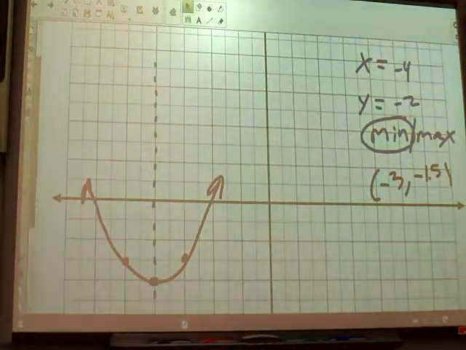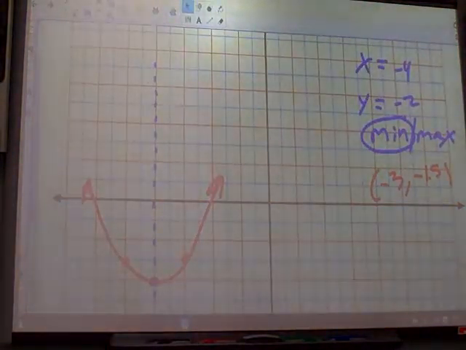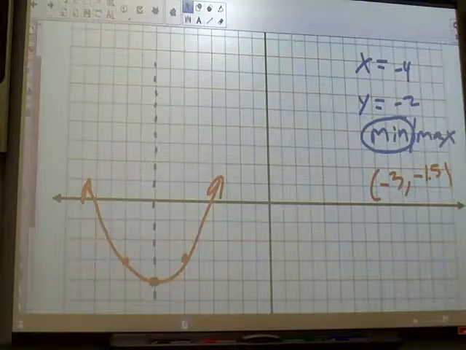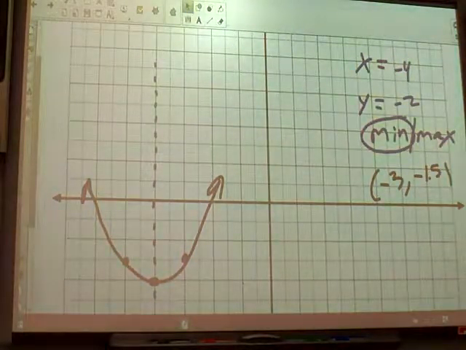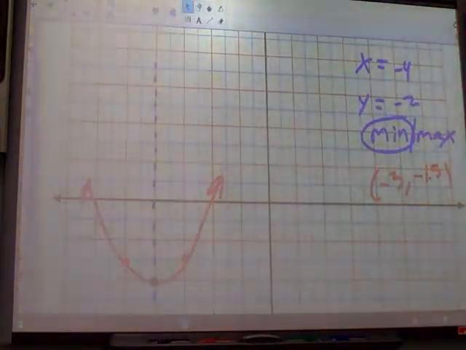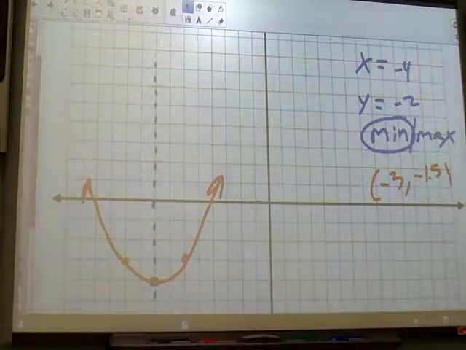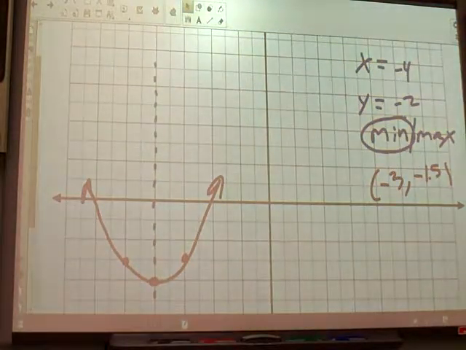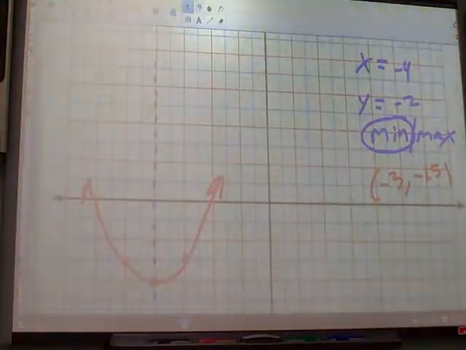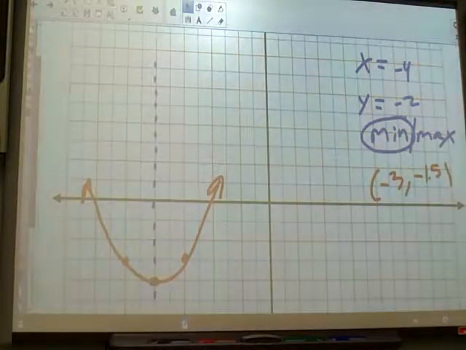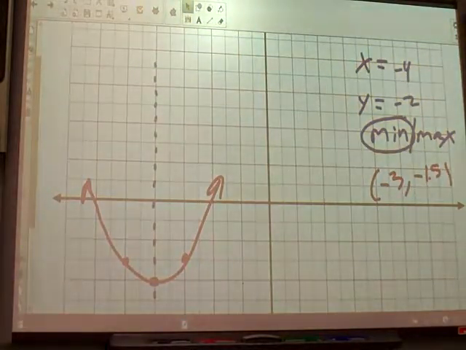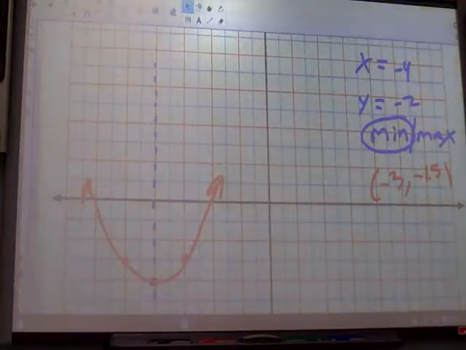And if I make that connection to what we've already learned, 0.5 is smaller than 1, isn't it? So when my A is smaller than 1, my graph is going to become more wide. On the first one we did together, our A was 2, which is bigger than 1. That graph became more narrow, didn't it?